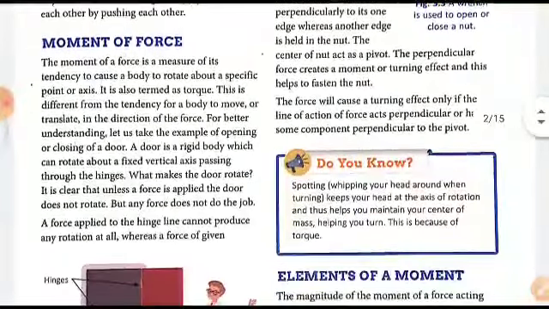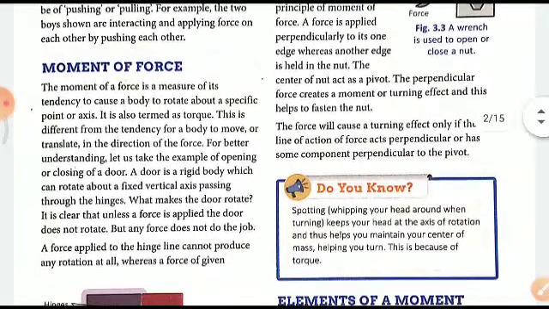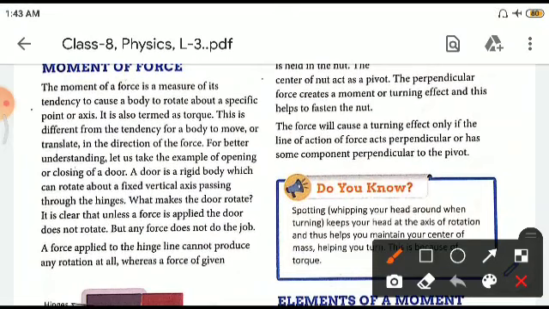A moment of force is a measure of its tendency to cause a body to rotate about a specific point or axis. That means the body will be fixed at one point and the other end will be moving. So let us try to understand this definition of moment of force.